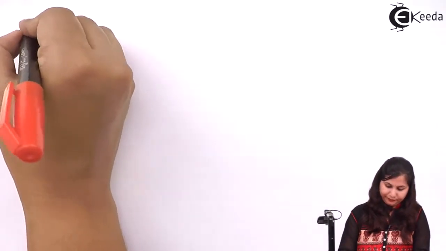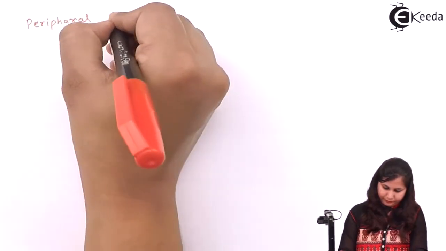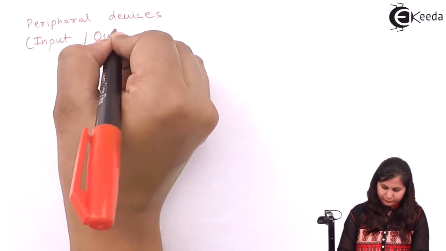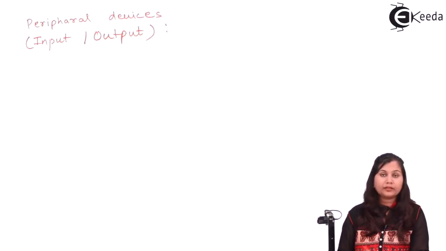Next comes the peripherals, that is the input output devices of a microprocessor. First we have the input devices.